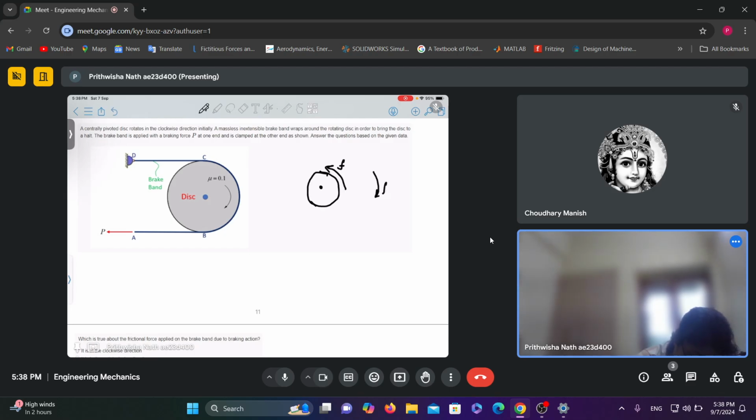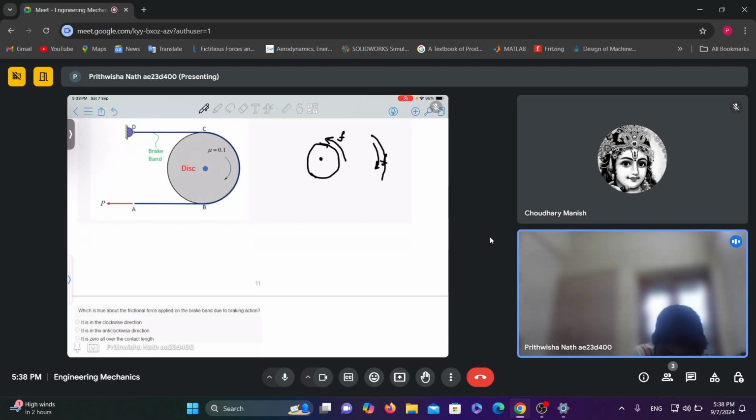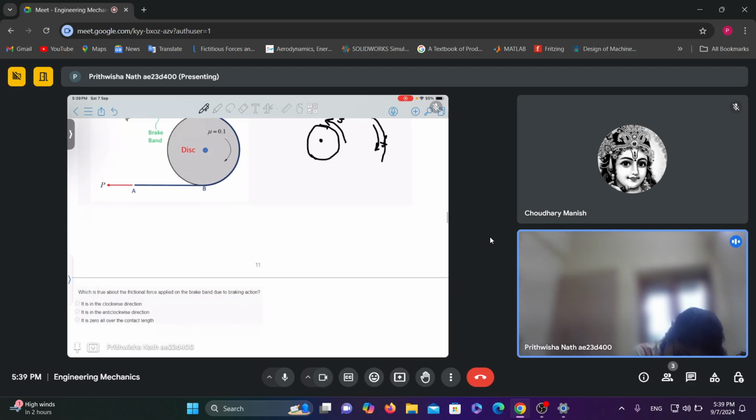This direction, right? This is on the band. So which is true about the frictional force applied on the brake band? So we can see that it is in the clockwise direction, right?